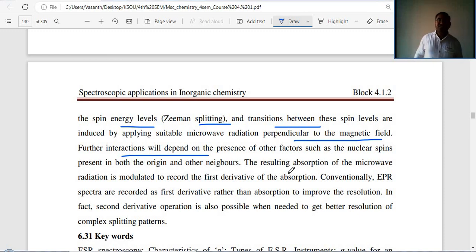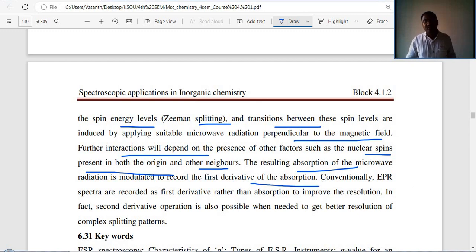Further interactions will depend on the presence of other factors such as the nuclear spin present in both the origin and other neighbors. The resulting absorption of the microwave radiation is modulated to record the derivative of the absorption.